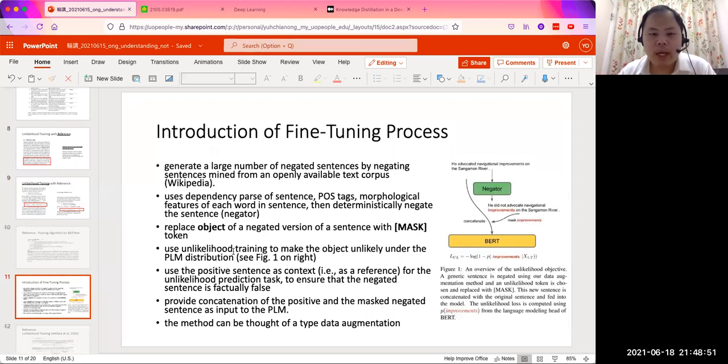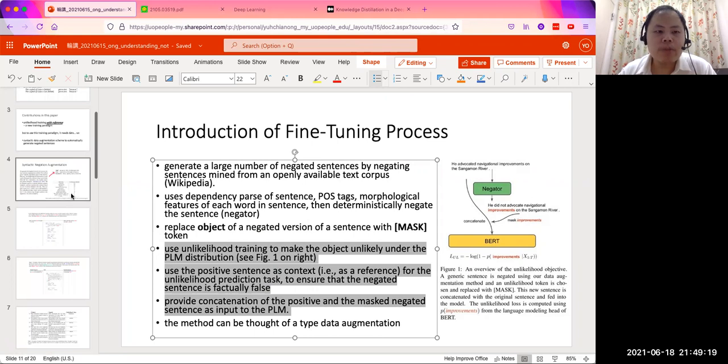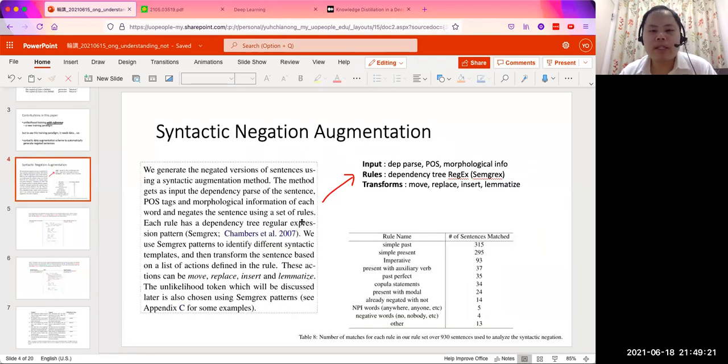Obviously you have the unlikelihood training, and you would have to use the positive sentence as the context for the unlikelihood prediction task to ensure that the negated sentence is actually false, and then feed it into the pre-trained language model as a fine-tuning input. But we do have a problem. Where are you going to find that much data? So what this paper also contributed is this method called the syntactic negation augmentation.